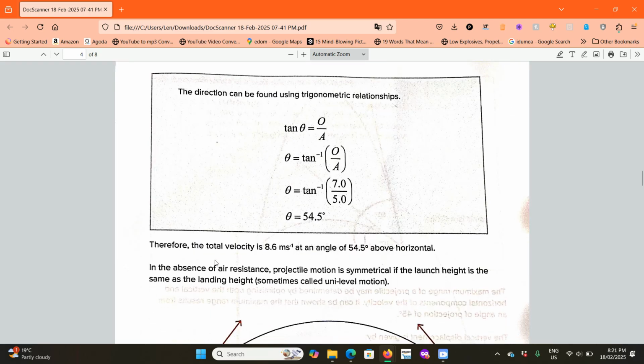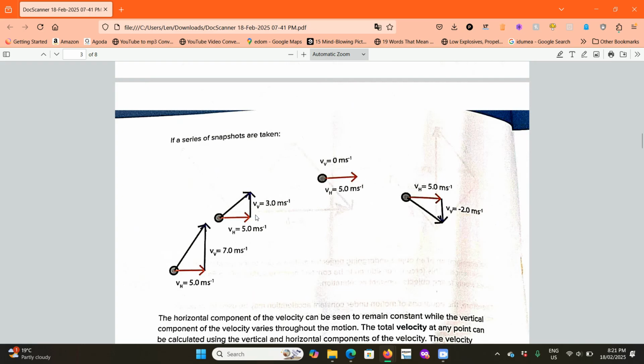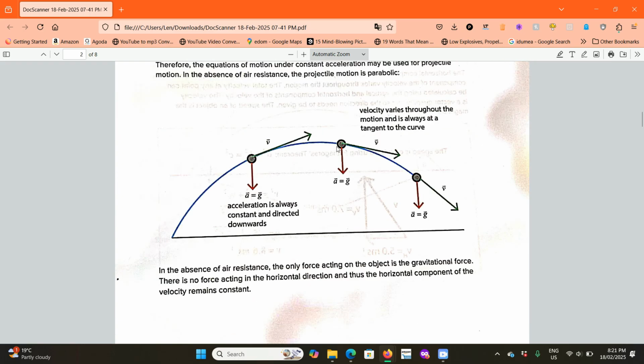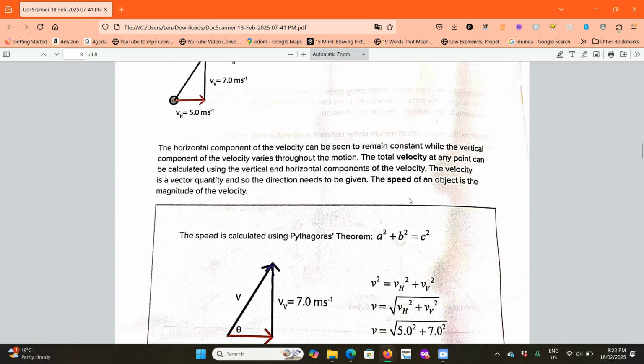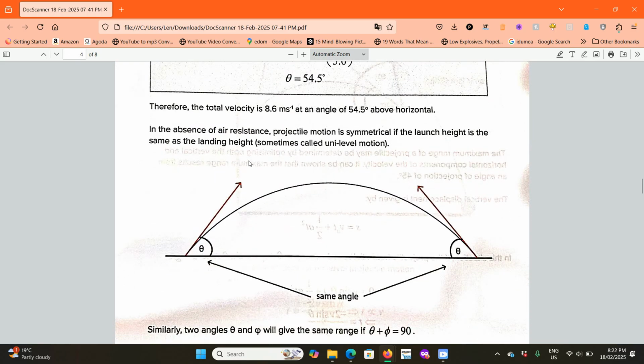Okay? So, total velocity of 8.6 meters per second at an angle of 54.5 degrees above the horizontal is what is happening here. This lovely diagram. Okay? Alright, in the absence of air resistance, projectile motion is symmetrical if the launch height is at the same height as the landing height, sometimes called unilevel motion.